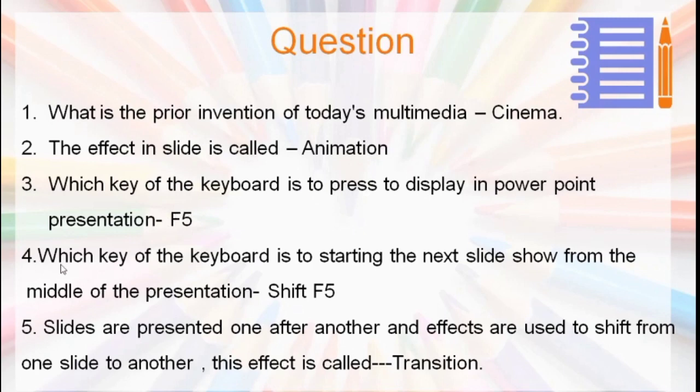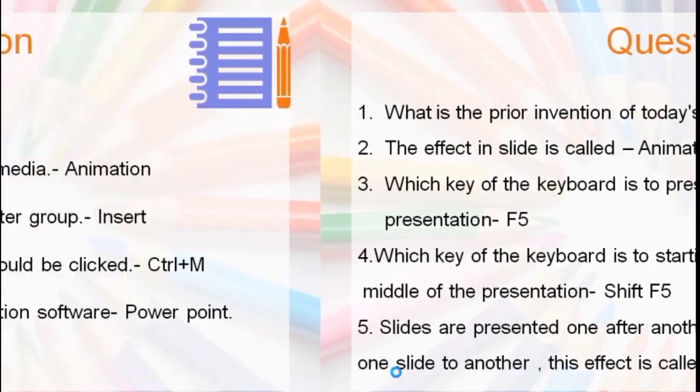Number 4: which key starts the slide show from the middle of the presentation? The answer is Shift F5. Number 5: slides are presented one after another and effects are used to shift from one slide to another. This effect is called transition.